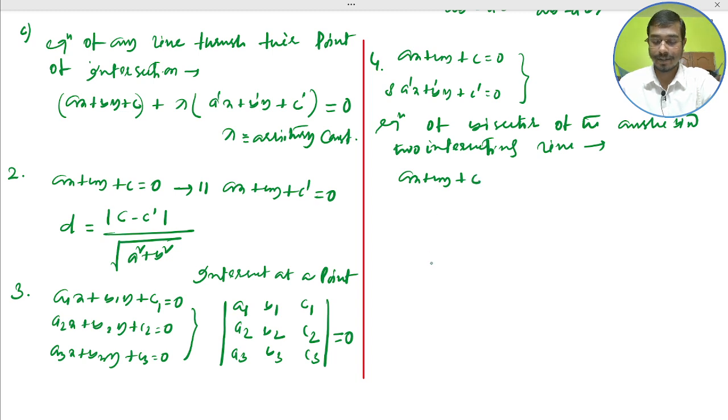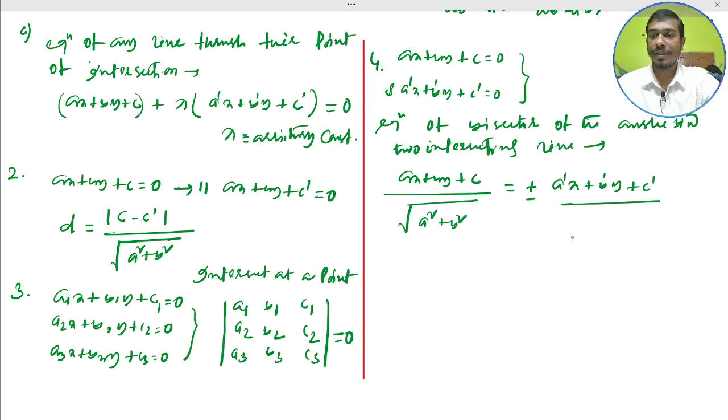This is for JEE Advanced: (ax plus by plus c) divided by root over a square plus b square is equal to plus minus (a dash x plus b dash y plus c dash) divided by the square root of a dash square plus b dash square. This is the equation of the bisector.